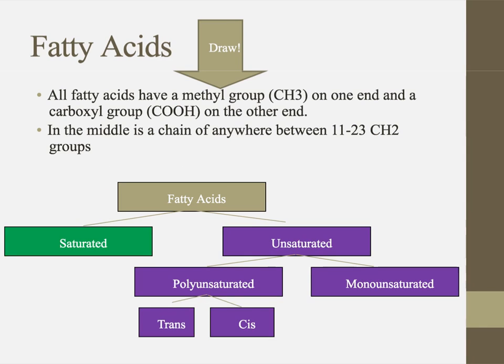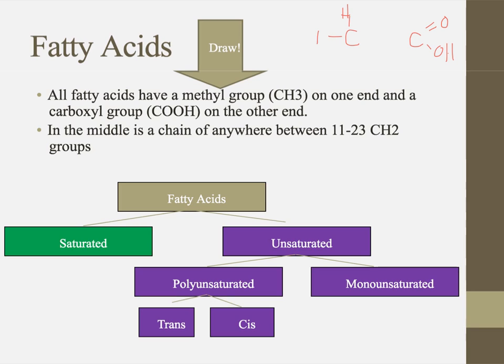Okay, so I want to start off then on our discussion with fatty acids with another horrible drawing. This I'm going to try to make a little less horrible. Remember, to draw a fatty acid, we're going to start with a carboxyl group on one end. So carboxyl is COOH, one of the O's is double bonded. A methyl group on the other end.